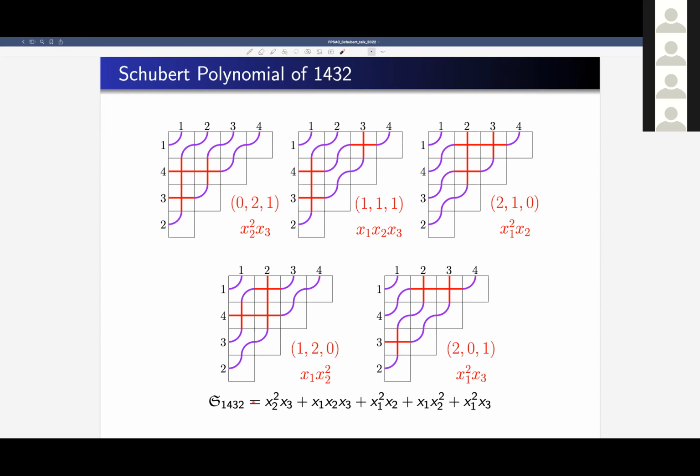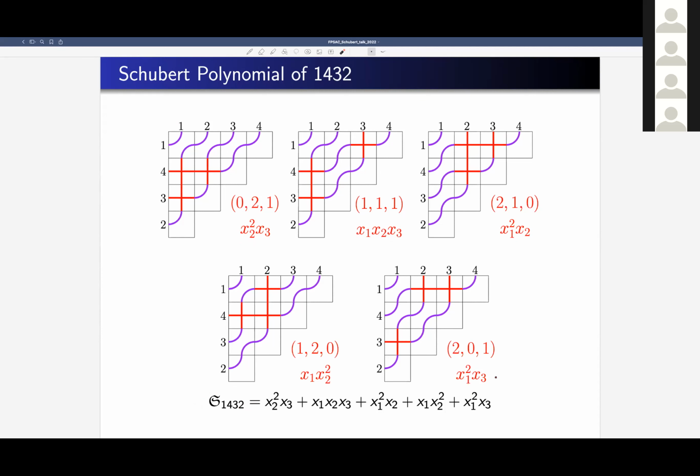And to get the Schubert polynomial, we will simply collect the row weights of these crosses. So this pipe dream will give us the monomial x2 squared x3. This pipe dream will give us x1 x2 x3, because there's 1 cross in row 1, 1 cross in row 2, 1 cross in row 3, etc. So we get 5 monomials here.